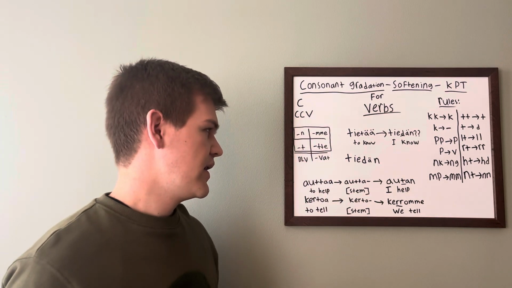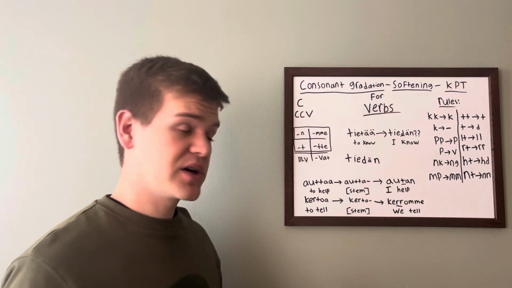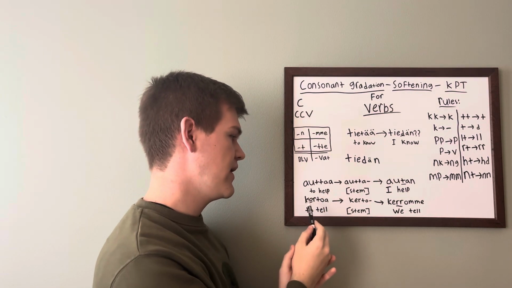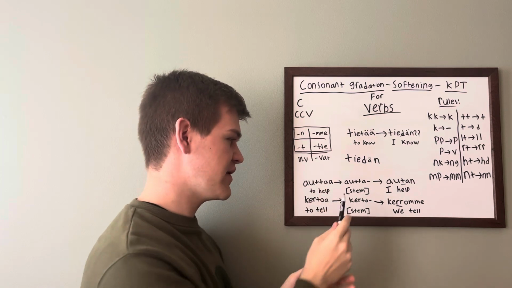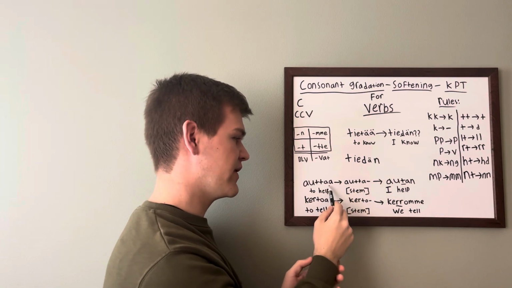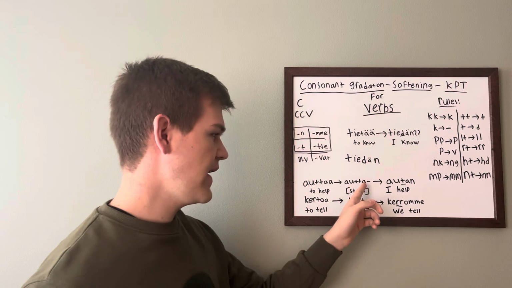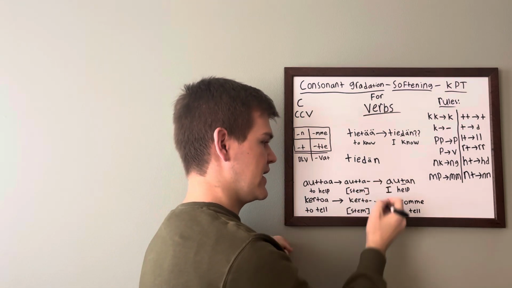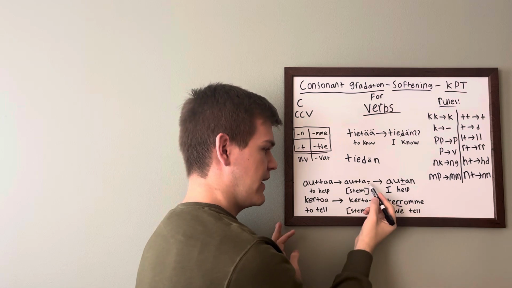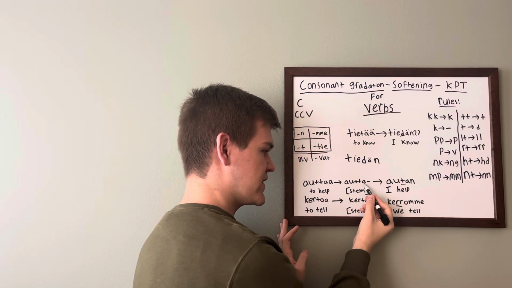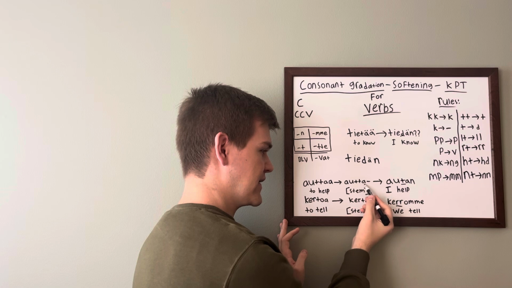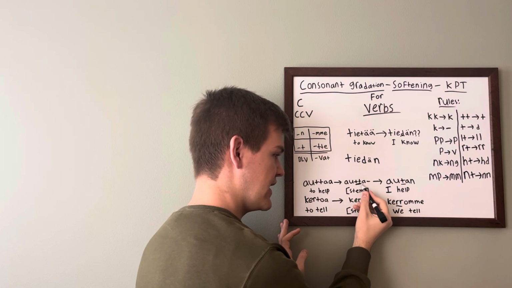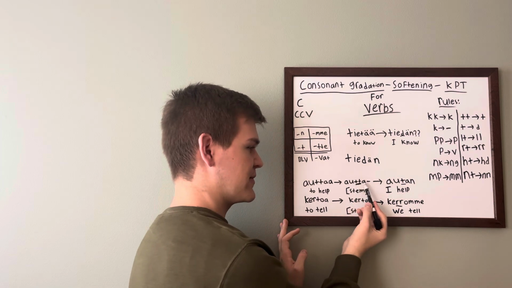So some more examples of how that works is if we have auttaa, to help. So first step, as always, we find the stem. We just got rid of one of the A's. Then if I want to say I help, I add an N onto the end there, like I have here. I have to look at the first group of consonants as I move left from that ending, which in this case is T, T. So we can see these are getting sandwiched between vowels.